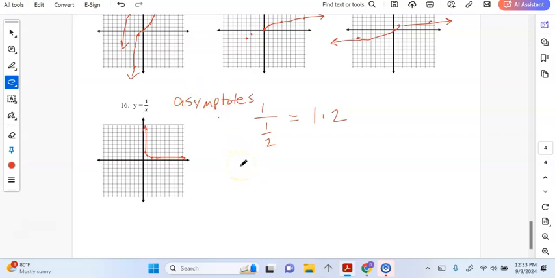An asymptote is a line that a graph will always approach. It'll approach forever and ever and ever. It'll just get closer and closer and closer, but it'll never actually touch. So going toward positive infinity, if I input 1 million for x, I am way, way over to the right, and I'm off the x-axis by 1/1,000,000th, but I'm not at 0.